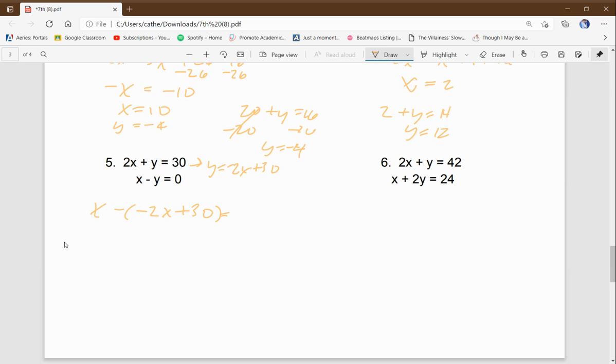This isn't right. x plus 2x minus 30 equals 0. 3x minus 30 equals 0. You get 3x equals 30, so x equals 10. And then you'll do 10 minus y equals 0, so you would get negative y equals negative 10, which means y equals 10.